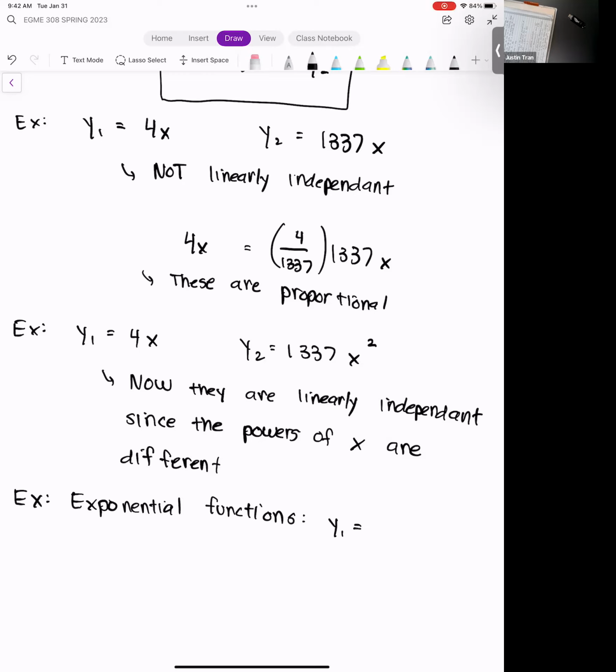So y1 is equal to e to the t, let's say, and y2 is equal to e to the 2t. Because the difference is in the exponent of the e term, those terms are going to be linearly independent. That's probably one of the most common cases you see.